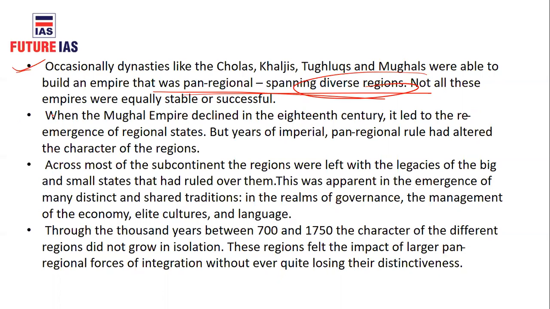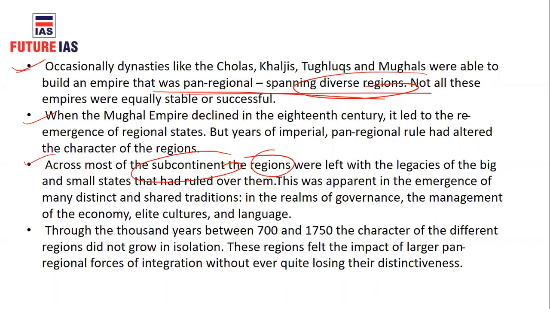And you must understand, across most of the subcontinent of this region, there were many legacies of these big and small states which ruled over them. This led to the emergence of various traditions, and various ways of governance, management of the economy, allied cultures, and language, which also influenced the regions in their totality.